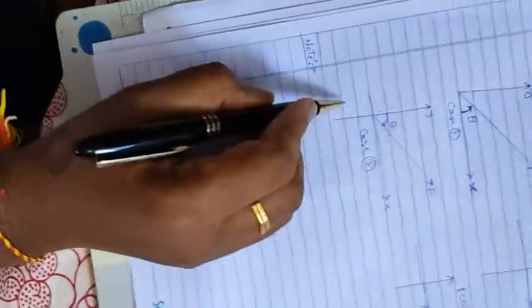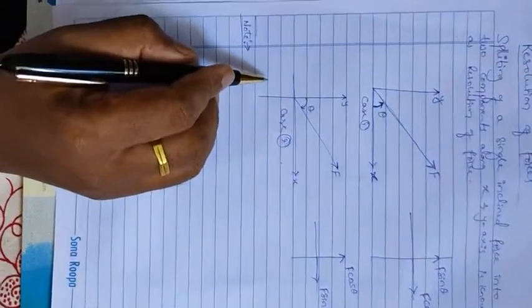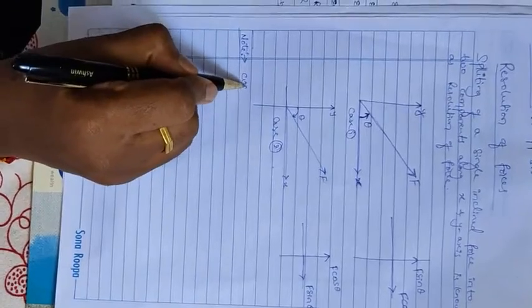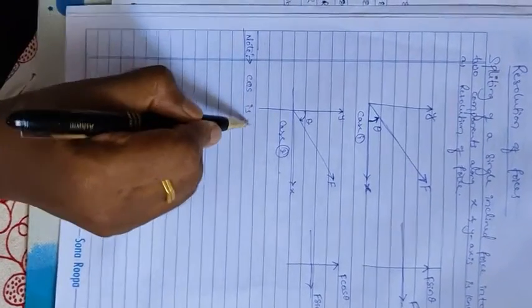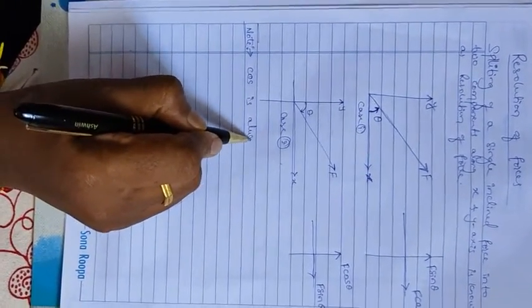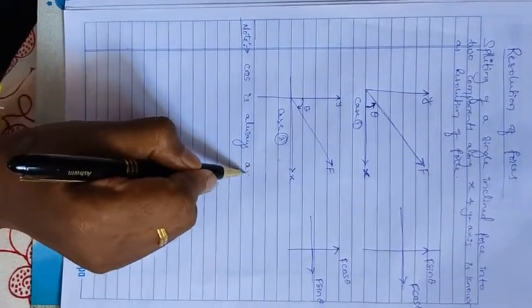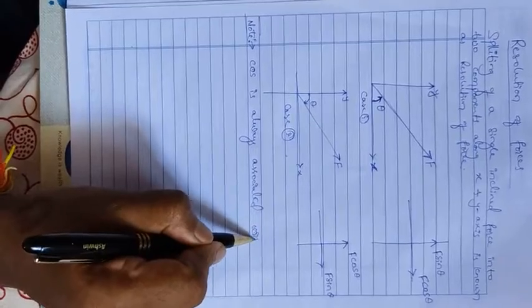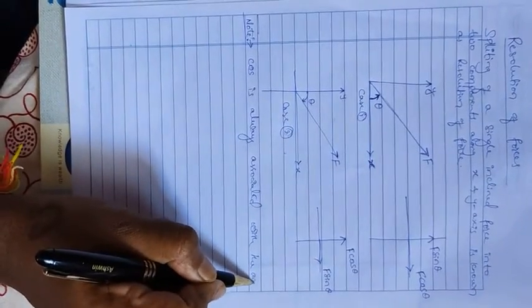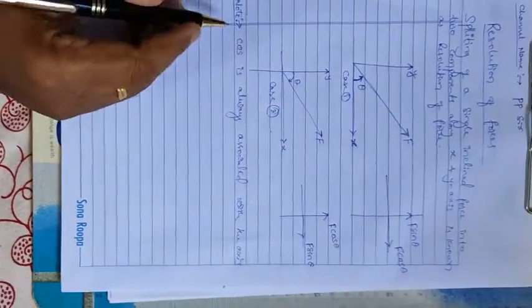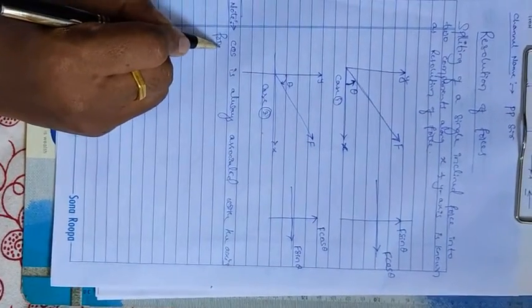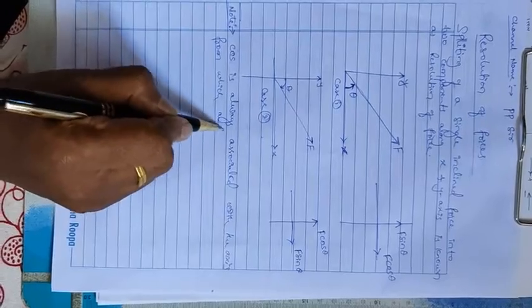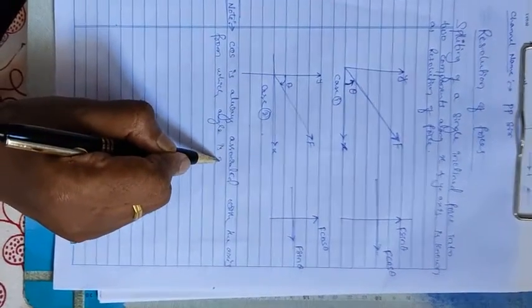Now keep in mind, we'll write a note: cos is always associated with the axis from which the angle is measured.